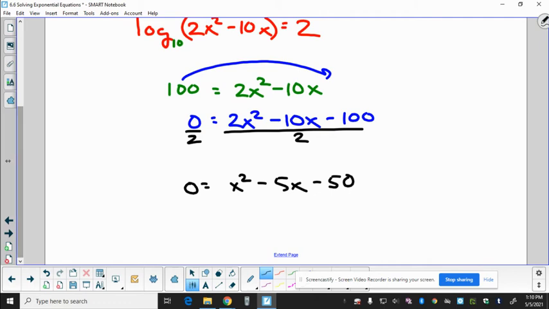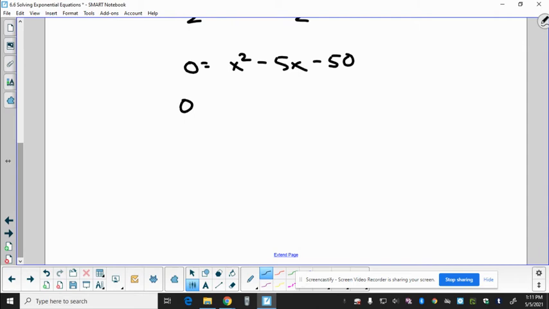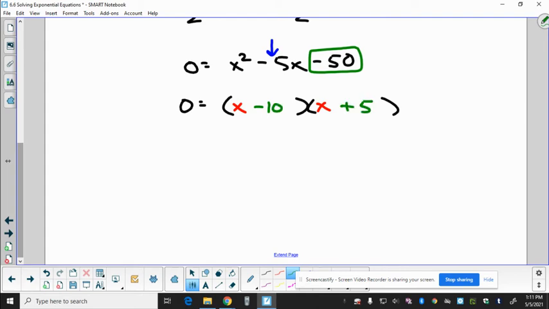Maybe we can factor this. Don't know if we can, but let's try it. All right, let's get two numbers that multiply to give you negative 50, but they add together to give you negative 5. About negative 10 times positive 5. That would work, right?